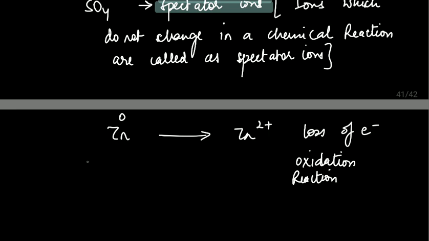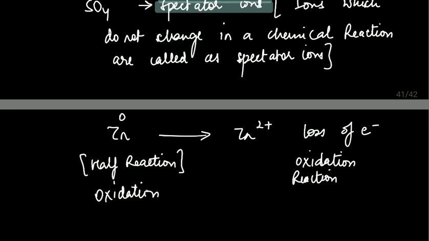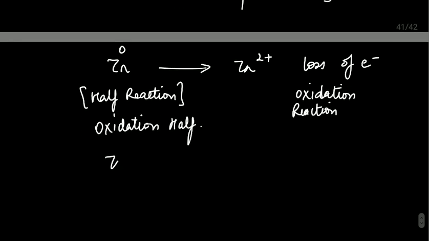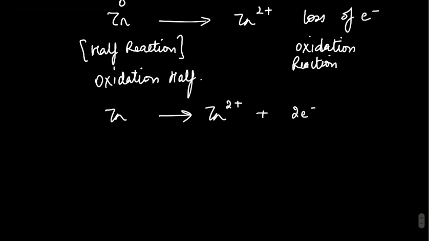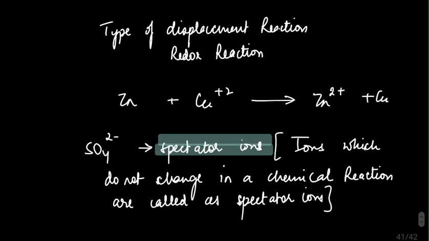To be more precise, I am writing half of the full reaction. So this is called a half reaction, and we call it the oxidation half. Zinc is losing 2 electrons from the zinc atom. Then if we talk about copper 2+ ions, they are gaining the very same lost electrons and changing into copper. Copper over here is carrying zero charge.